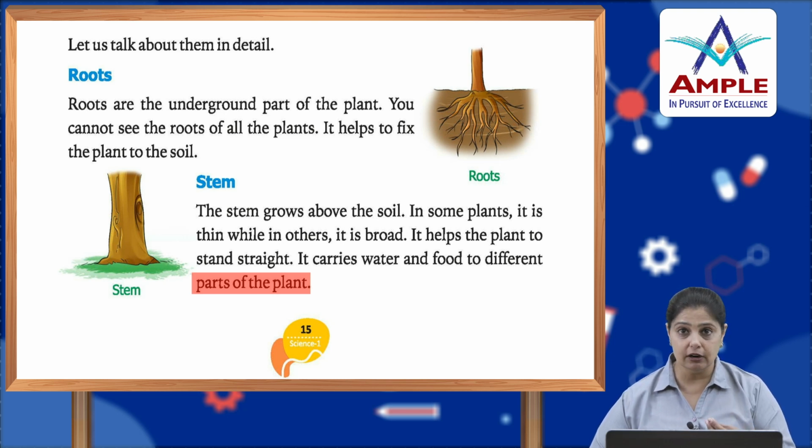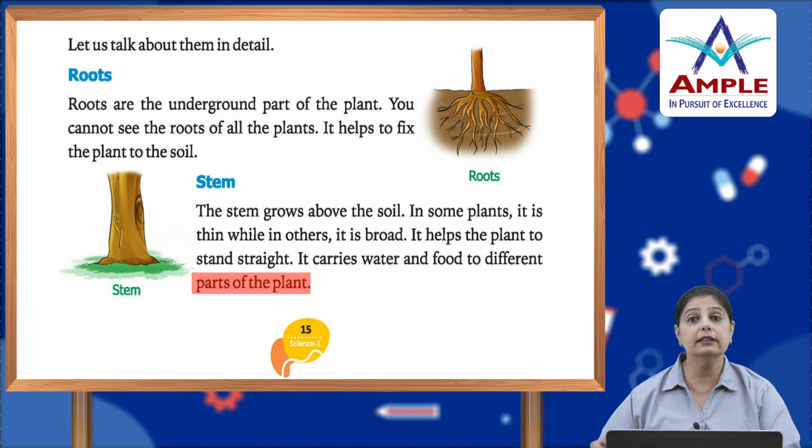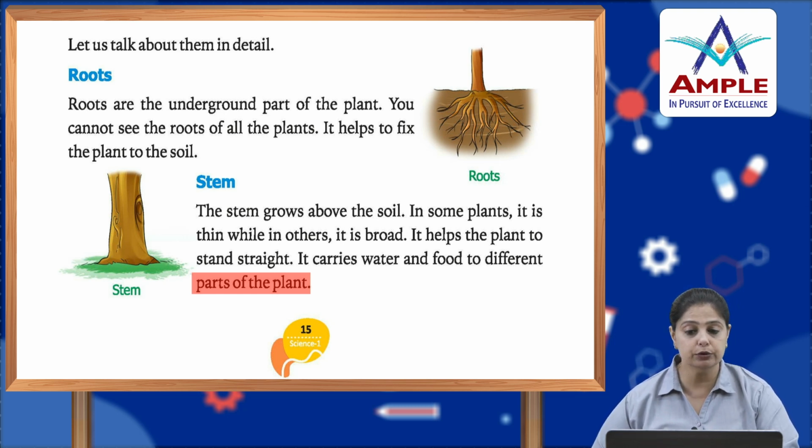On this stem you have leaves growing. The food and the water provided to the plant are carried to different parts of it, like to the leaves and the fruits, through the stems. So they help the plant to grow.